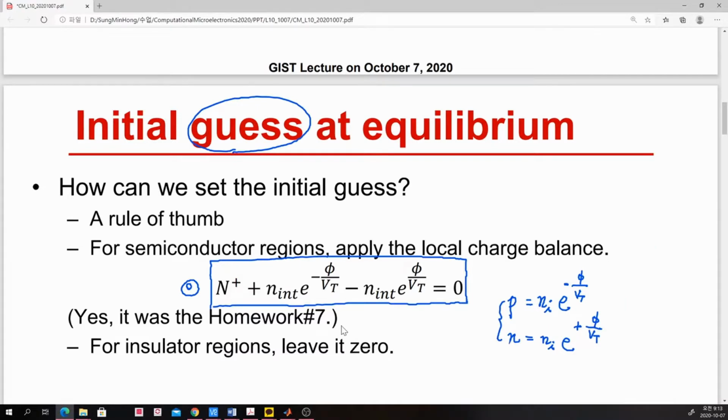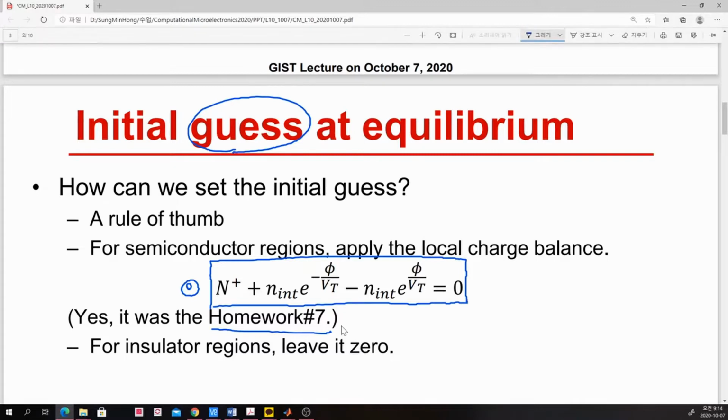So yes, it was homework number 7, and at the time when we discussed the Newton-Raphson method, that was used as an example. So if you have solved it correctly, then you can just reuse it for your homework number 10 before starting your simulation.